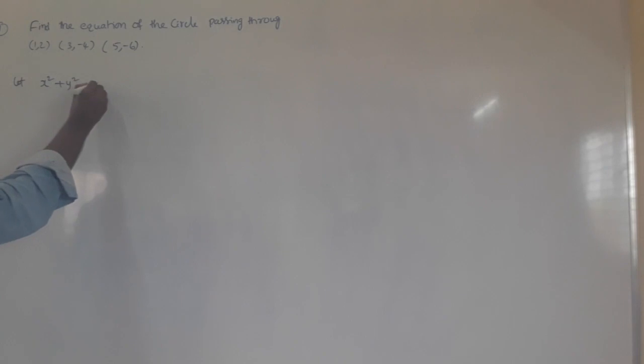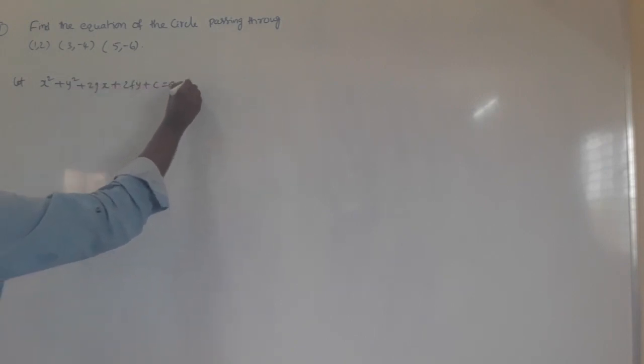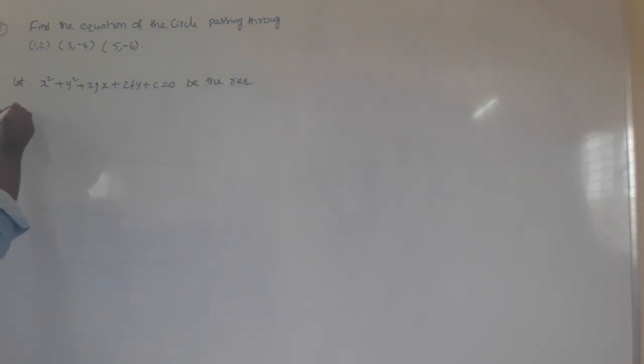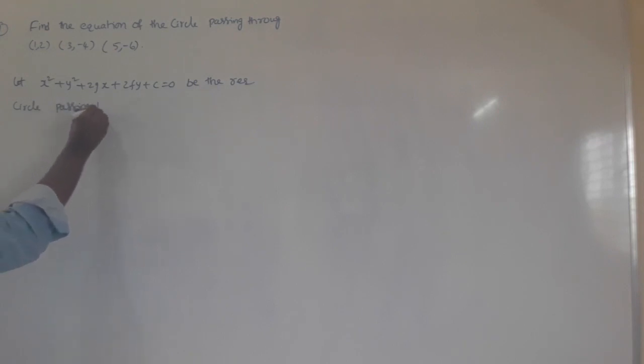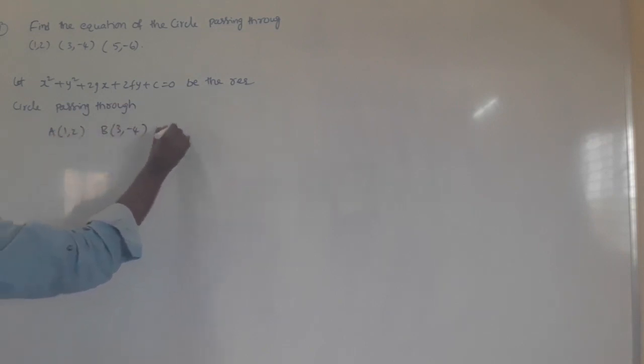So let x square plus y square plus 2gx plus 2fy plus c is equal to 0 be the required circle passing through A(1, 2), B(3, -4) and C(5, -6).